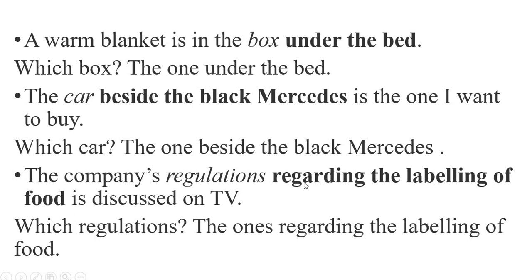I'm talking about the ones exactly, not any regulations, not the regulations of security, not the regulations of traveling, not the regulations of passport. No, I mean only the regulations regarding the label. So it gives identity. You know what is identity? Your identity card. It gives you a name. You are known. So regulations now are known.